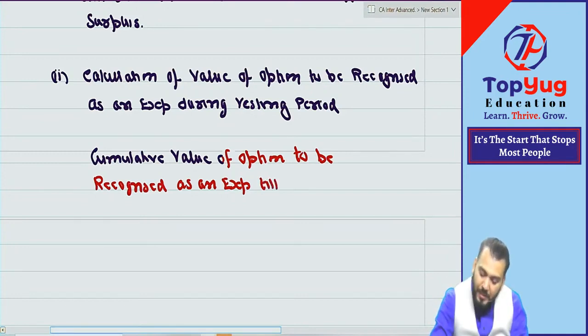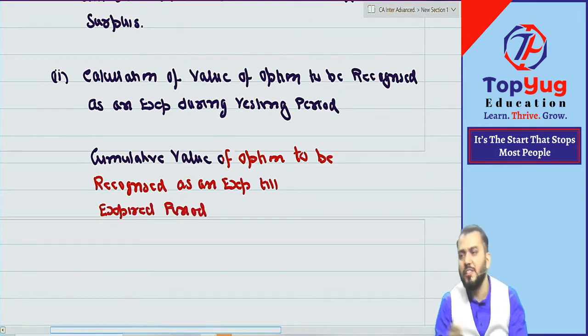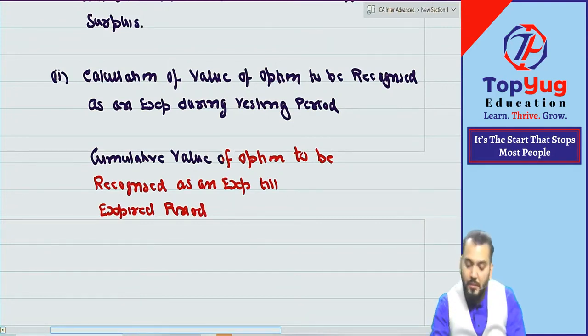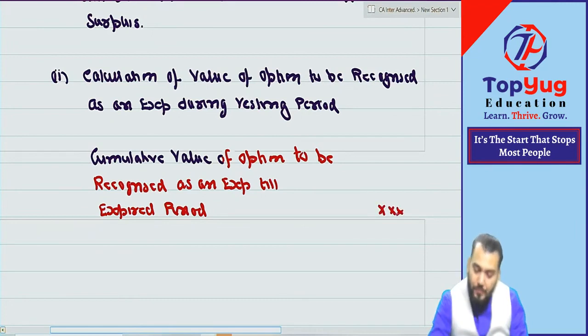Understood? Till the expired period means, suppose out of 3 years, 2 years have expired, so first we'll calculate only for 2 years, correct. So this will be the amount.